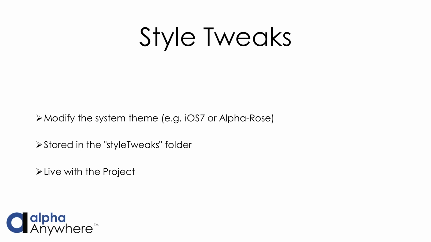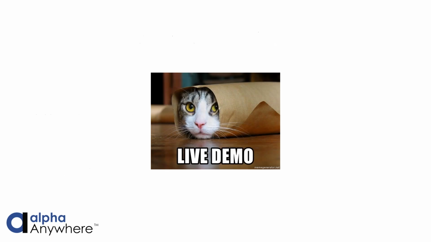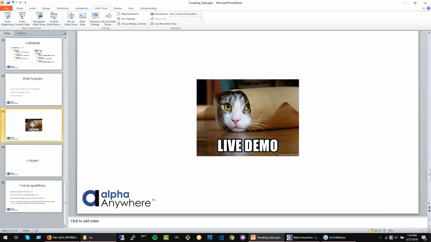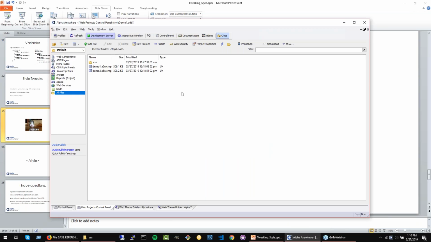So that would be your iOS 7, your Alpha Rose, your Android Dark. They all support this concept of tweaks. And we're just going to do the live demo because there's no other way I can really describe this unless I show it to you. So I'm going to turn that off.